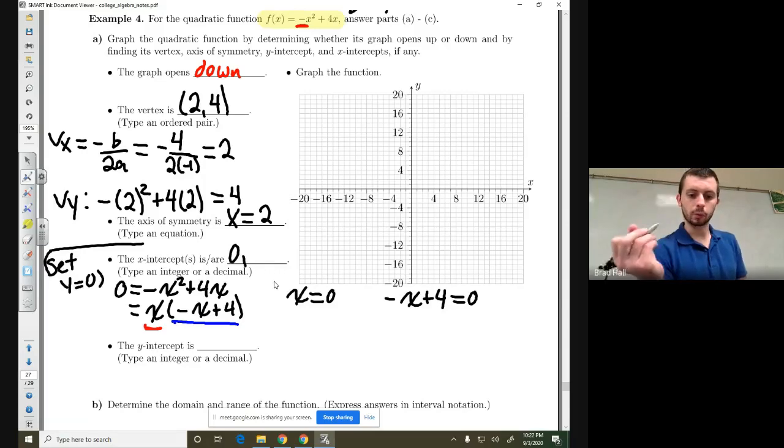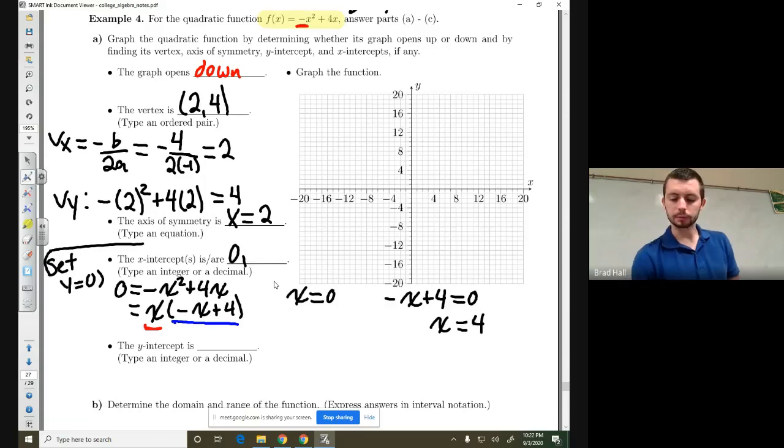One of them is solved for us, it's just 0. So over here, we just get that x is 4. Solve for x. And so we get 2 x-intercepts, which is okay. And we'll see on the graph why that's the case, why we have 2 of them now.